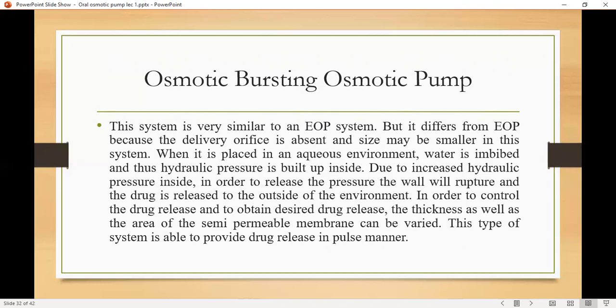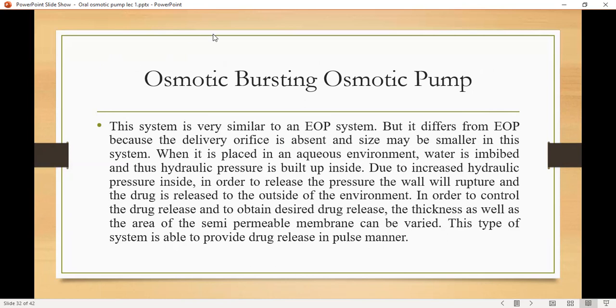Due to increased hydraulic pressure, in order to release the pressure, the wall will rupture and the drug is released to the outside environment. In order to control the drug release and obtain the desired release, the thickness as well as the area of the semi-permeable membrane can be varied. This type of system is able to provide drug release in a pulsed manner.